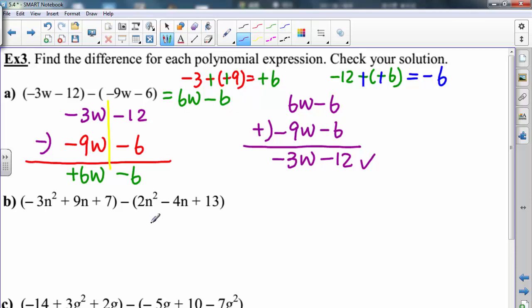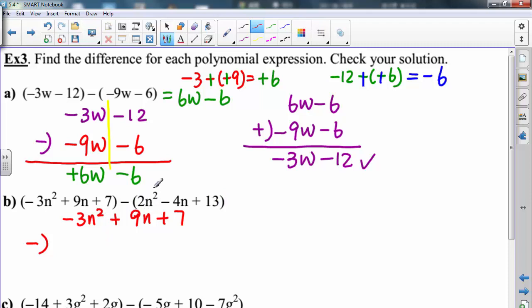So right now, let's use the vertical method to subtract these two polynomials. Copy down the first one. Put on the subtraction symbol here and write on the second polynomial. When you write on the second polynomial, make sure you align the like terms.